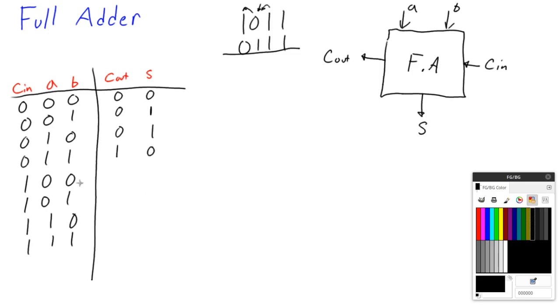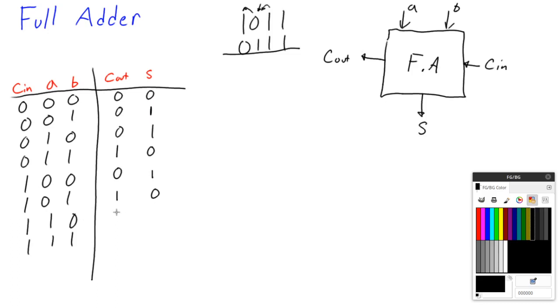Now we're back to the case where we've got 1 and 1 added together. Remember, the carry in has the same value as A and the same value as B. These all have the same equal value. They're each a value of 1 if their bit is a 1. So here we've got a carry out of 0 and a sum of 1. Here we've got a carry of 1 and a sum of 0.